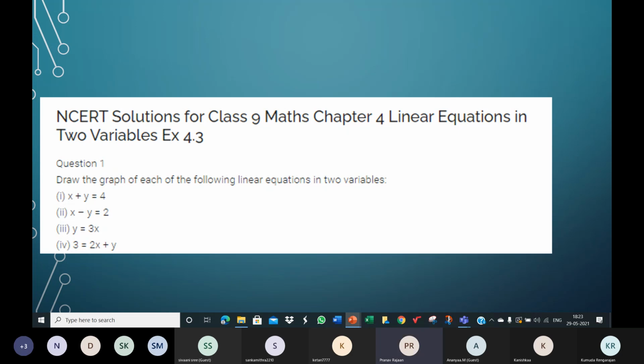Next one, y is equal to 3x, ma'am. Right. Kanishka and Ananya have finished both the graphs. Sangamitra has shared. Yes, neat work, Sangamitra. Very neat. Your graph is right.